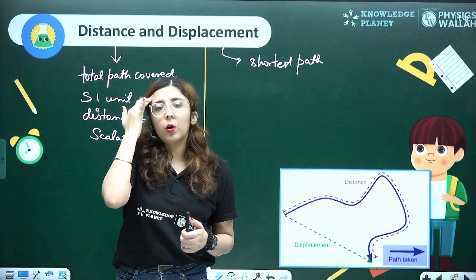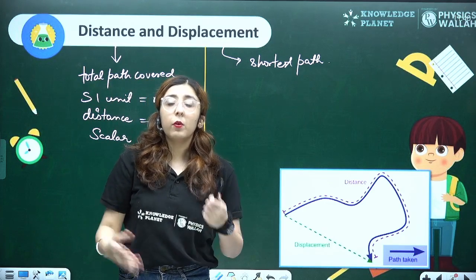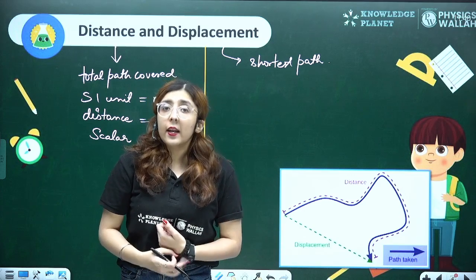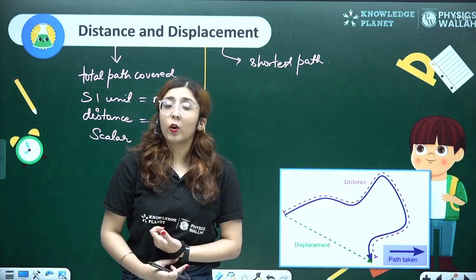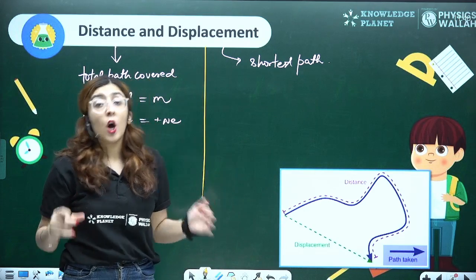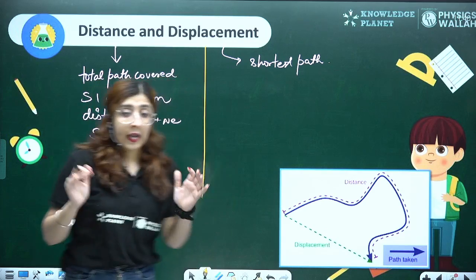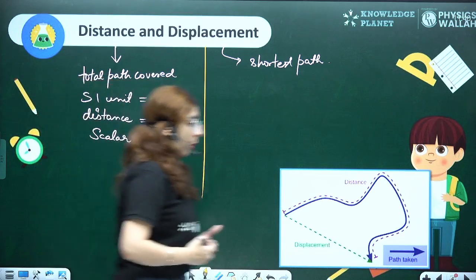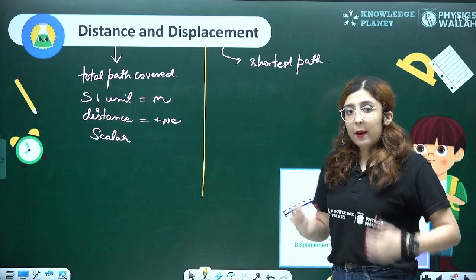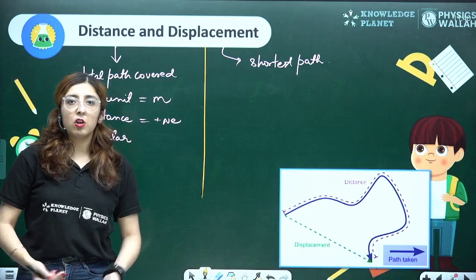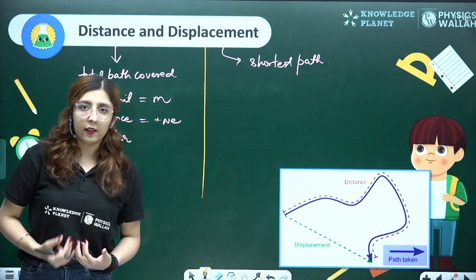Now let's have a word on something called displacement. When we talk about displacement, I am talking about the shortest path. Since we are talking about the shortest path, of course direction matters a lot here. If I take the same example, I am moving from A to B, then B back to A. My initial position and my final position are the same.